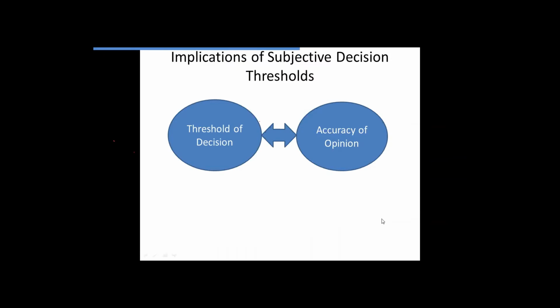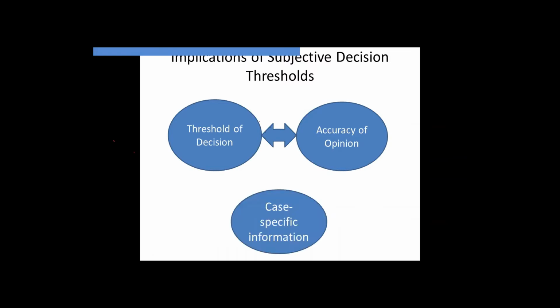So the accuracy of the opinion is going to be affected by the threshold of decisions. And then questions are raised about what the expert should take into account when setting the threshold, or what might inadvertently affect the expert's threshold. Case-specific information may influence the expert's threshold of decision, which could then influence the accuracy of the opinion.